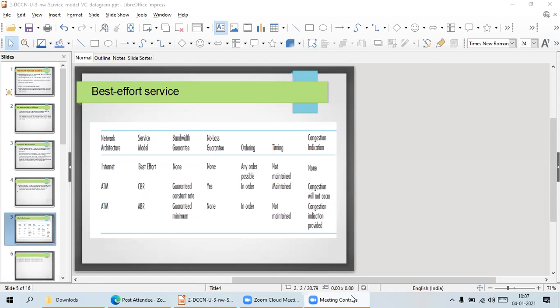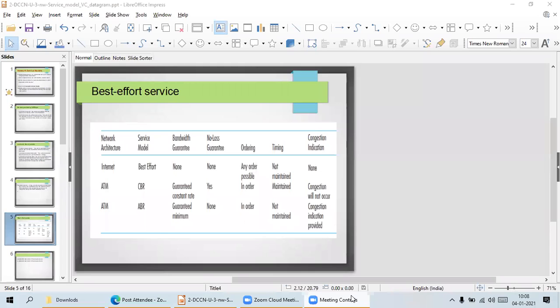We are not maintaining the timing between sender and receiver, or the time between two packets. There may be a delay between two sequential packets, and they can arrive at any time.